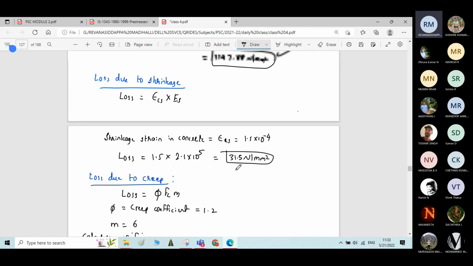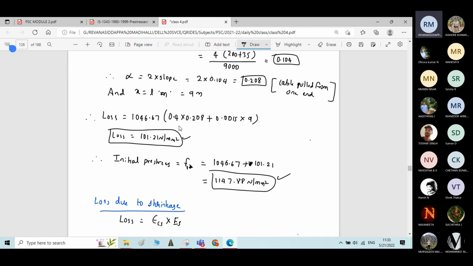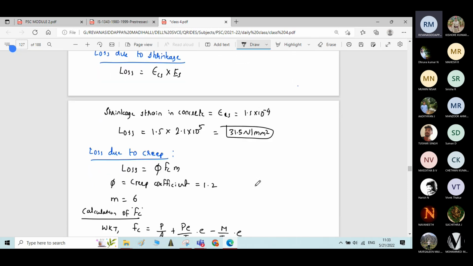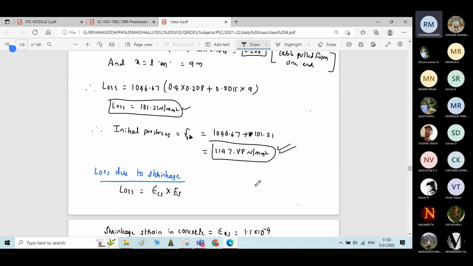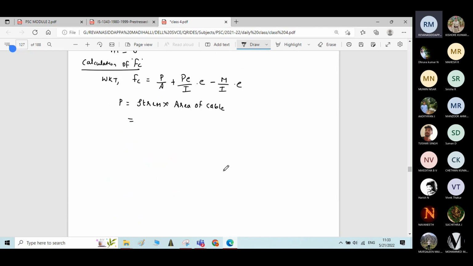You have to assume initial pre-stress of 1147.88 Newton per mm square, because loss due to friction and loss due to anchorage are overcome by increasing this initial pre-stress. So initial pre-stress we need to assume as 1147.88.